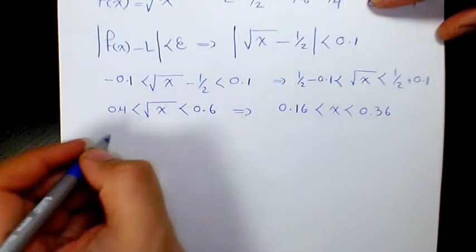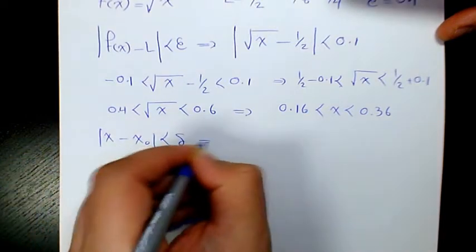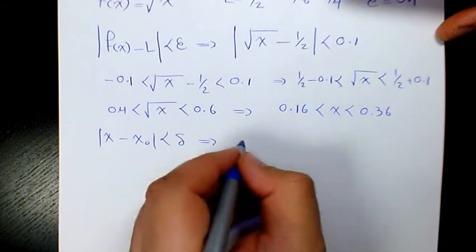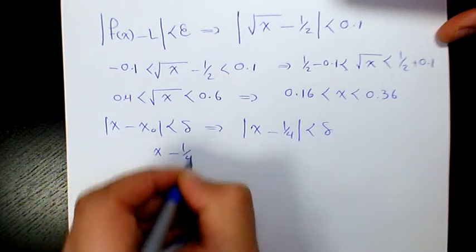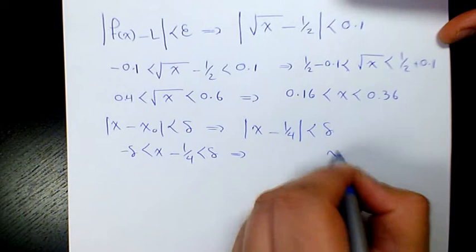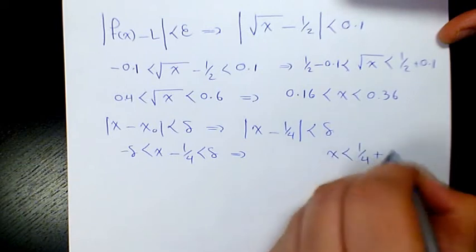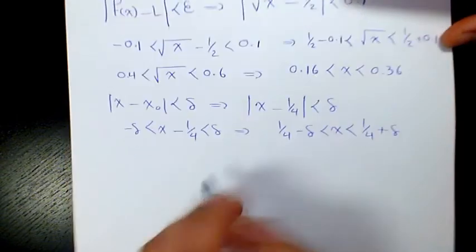On the other hand, we have absolute value of x minus x naught less than delta, which is x minus 1 over 4 less than delta. So x minus 1 over 4 is between negative delta and positive delta. So x will be 1 over 4 plus delta, 1 over 4 minus delta.